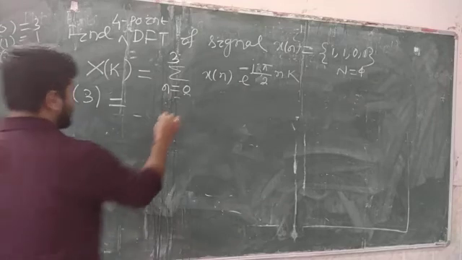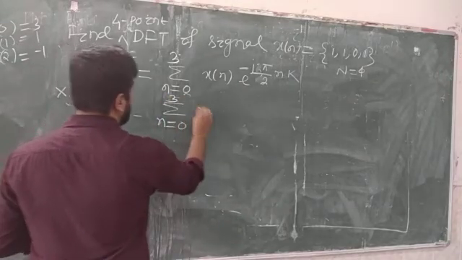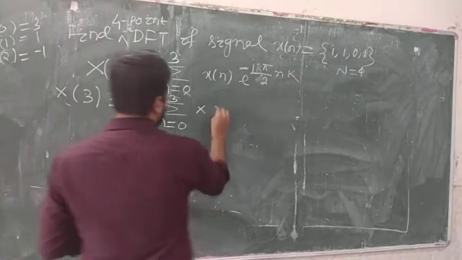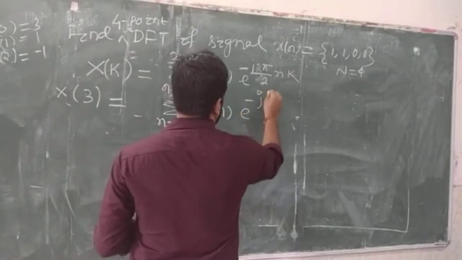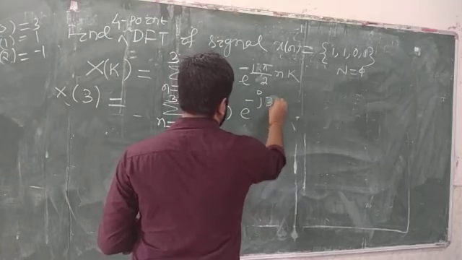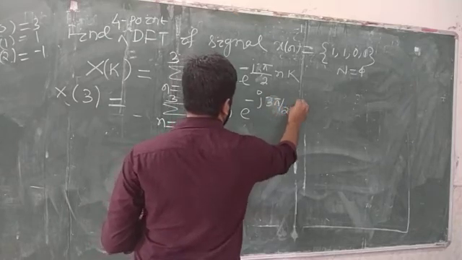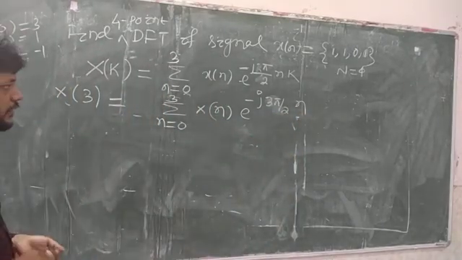The k value is 3, so now you all know how I am calculating, that is n is equal to 0 to 3, x of n, again e to the power minus j pi by 2 into k. You have to directly write e to the power minus j 3 pi by 2 into n, because I am putting k value is 3.